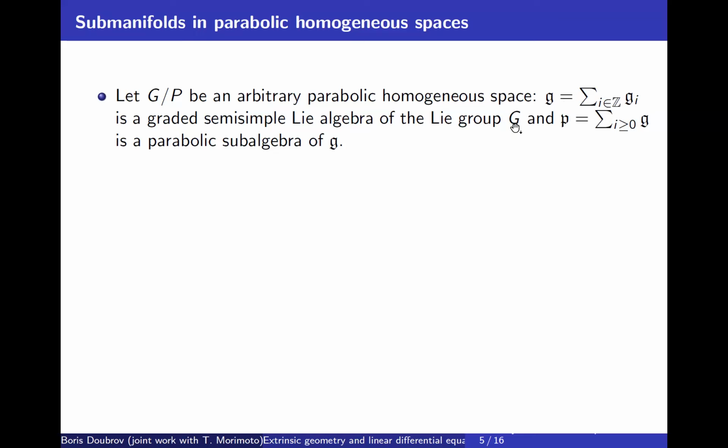with negative degree. So then for each such Lie algebra, and we assume g is semi-simple, and again, I don't want to deal with the general theory of semi-simple Lie algebras. So in the examples we will be dealing with, g will be just SL(V). Then if you take only the non-negative part of g, that's the same as taking, say, upper triangular matrices or block upper triangular matrices, and that's called a parabolic subalgebra of g.